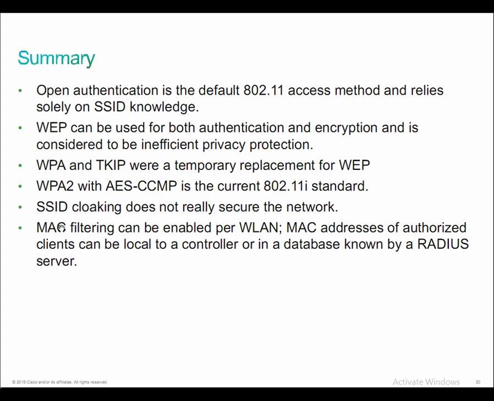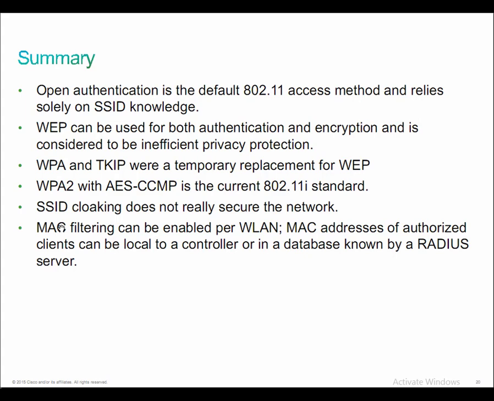So we talked about open authentication. That's kind of the default access method. Basically, all you have to do is know the SSID, which in reality you don't because it's broadcast in the beacons. WEP can be used for both authentication and encryption, but it's considered to be insecure and insufficient for needs today. We added the Temporal Key Integrity Protocol to enhance the security of WEP.